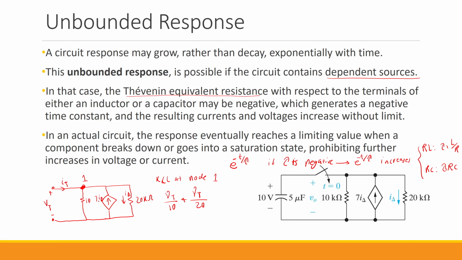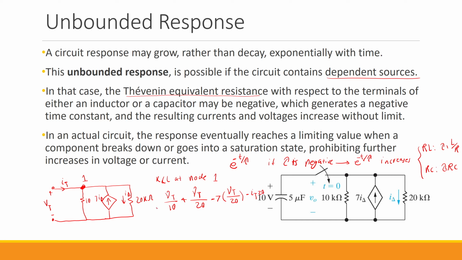So the 7I delta becomes negative 7 multiplied by VT over 20, with a negative sign because it is entering the node. Then we have this IT, which is also entering the node, so negative IT, equals 0.